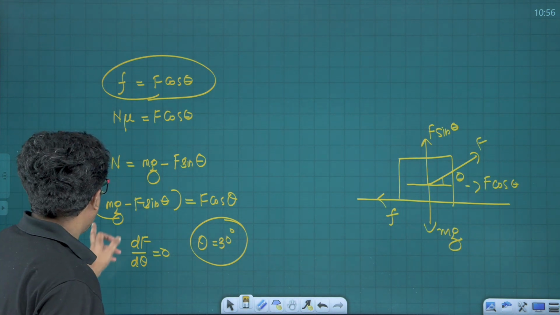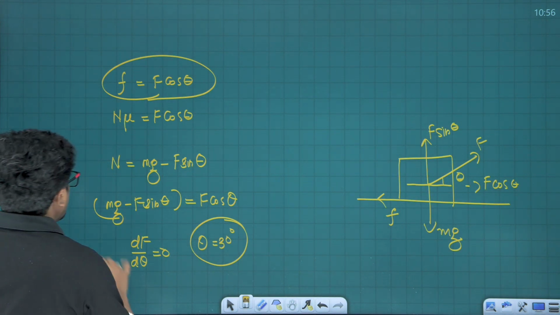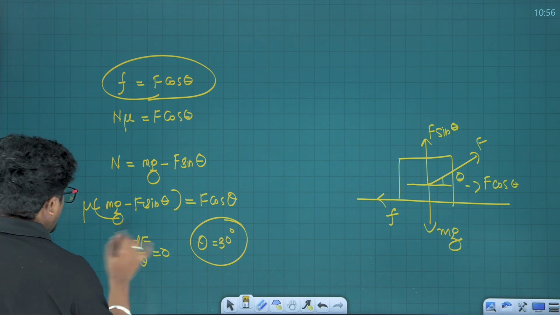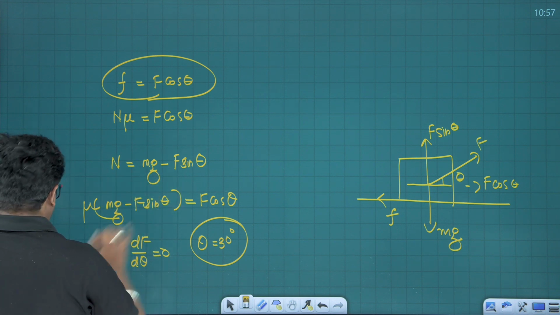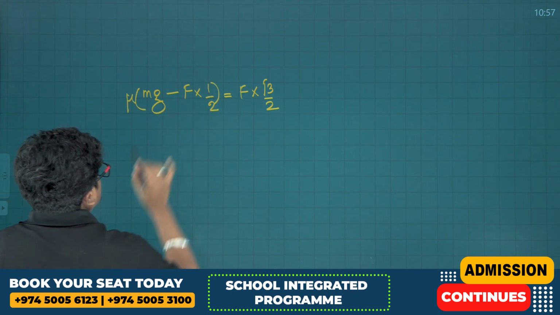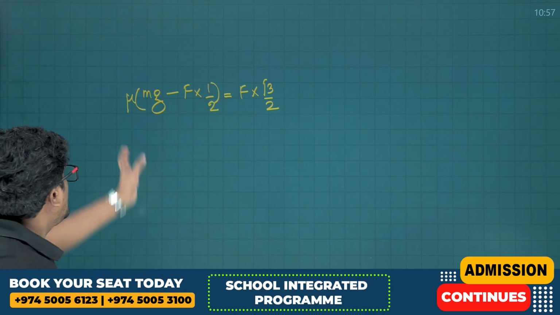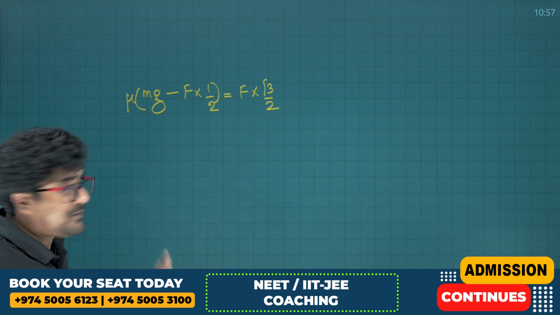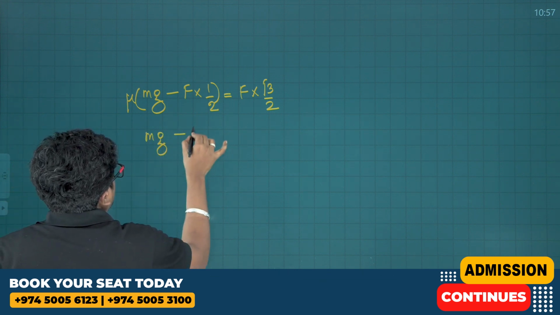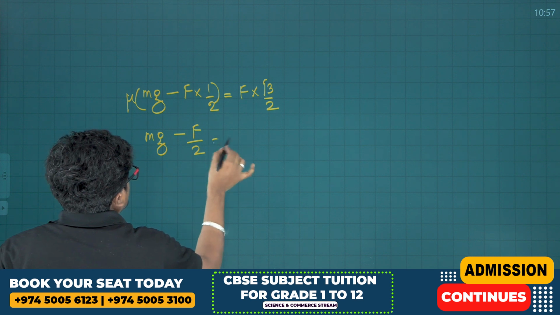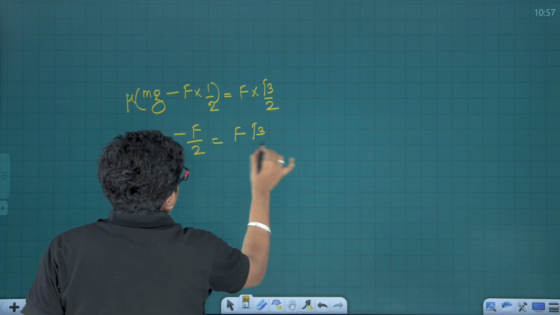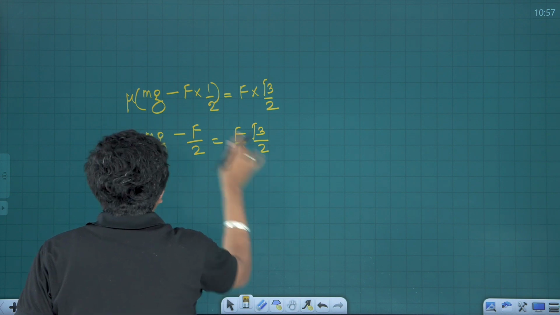I believe we are missing that mu term. Mu term is missing here. Okay, so that mu part needs to be here. Alright. So we need the value of what? Capital F. So M into G minus F by 2, that is now equal to F into root 3 by 2 upon mu, because this mu will go down.